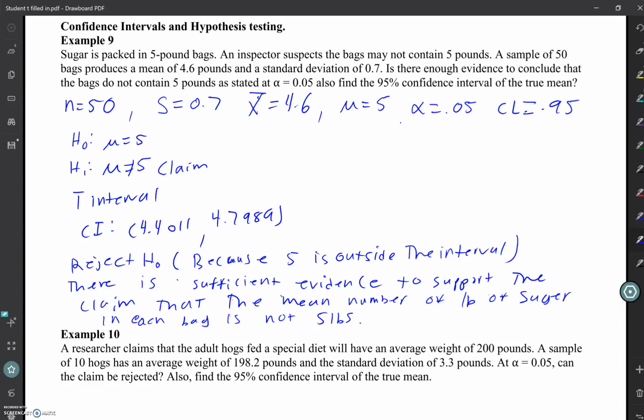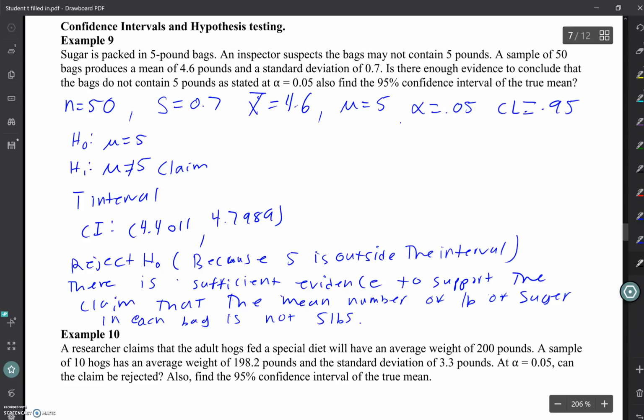Now, the nice thing that we can see from this is since we have an interval, what could we say about how much it does contain? Between 4.4 and 4.7 or 4.8 pounds on average. So it's actually always lower than what they said.